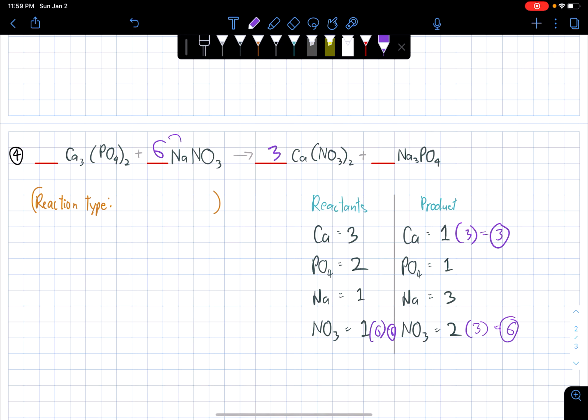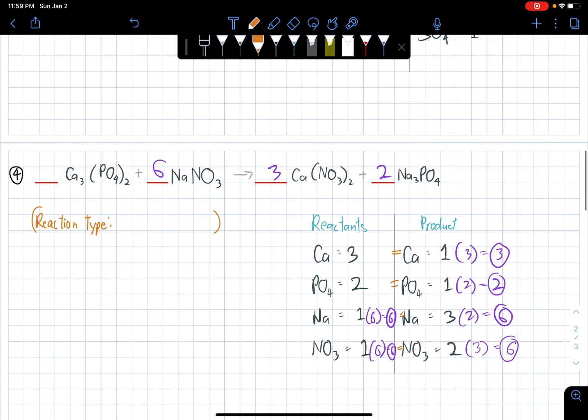You also multiply 6 with Na. There you go. And Na at the product side is 3. So we multiply it with 2, you get 6. So with that, Na sub 3, you multiply PO sub 4 with 2, so 1 times 2 is 2. So suppose it's equal already. Calcium equal, okay. PO sub 4 equal, sodium equal, and NO sub 3 equal.